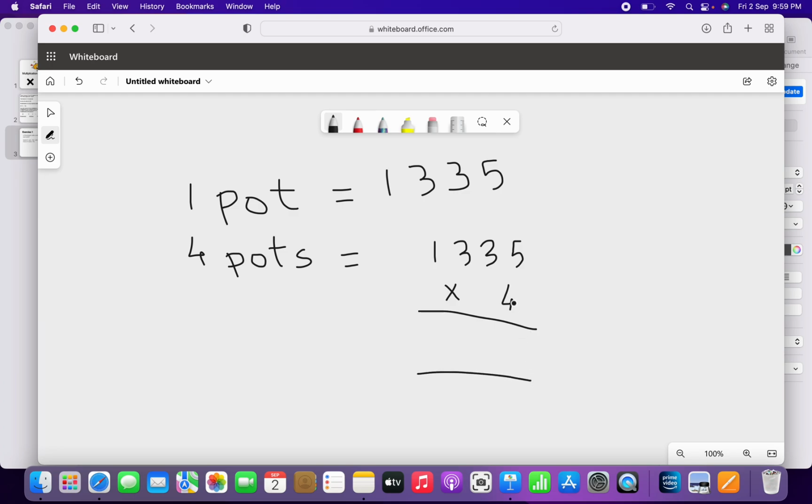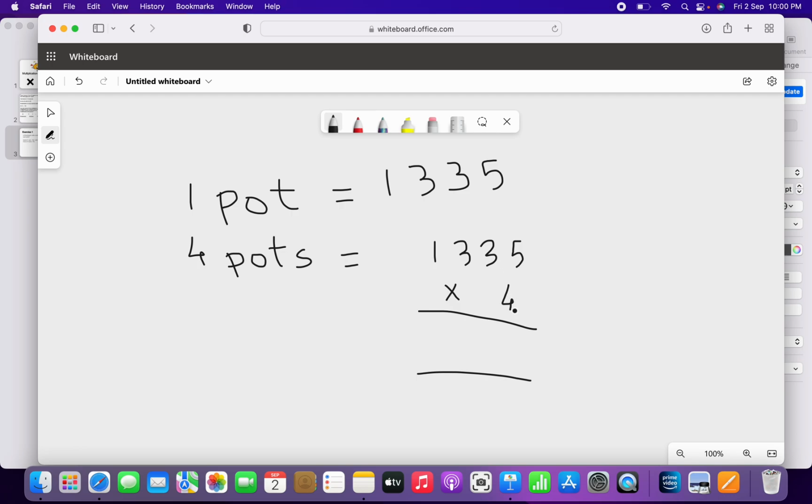So boys, again the rule says whatever the number you're multiplying, first you need to multiply the ones, then the tens, then the hundreds, then the thousand. If any multiplication gives 2 digits, you need to write 1 digit in the answer and the second digit should be carryover.